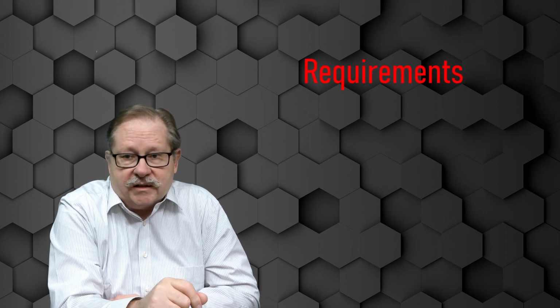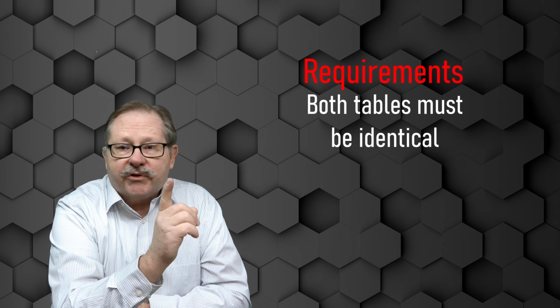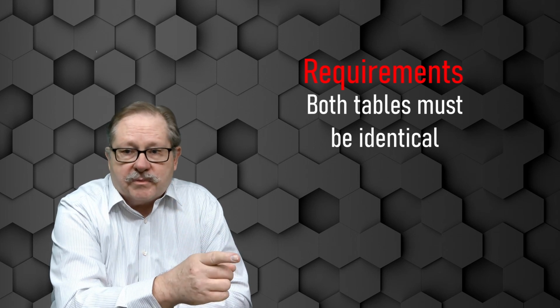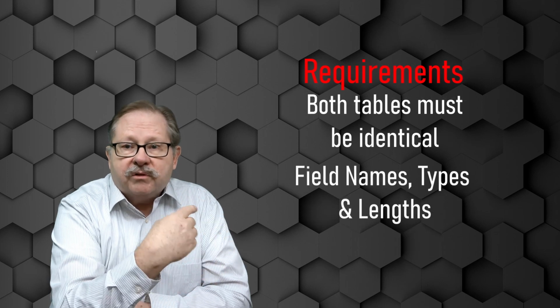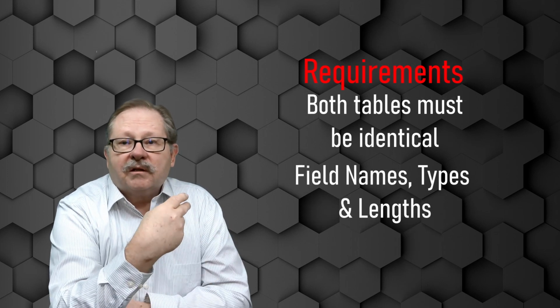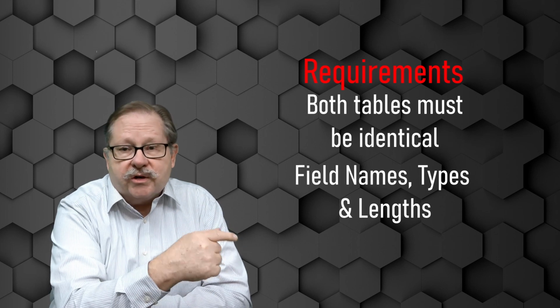Now, do remember the things that you have to have with it. One, the union query has to be built of two tables that are identical in every aspect: identical in the field names, field types, and field lengths. It doesn't matter how many records are in each table.